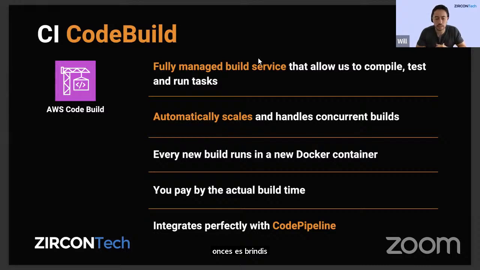So I guess that's the big benefit about Code Build. Ideally, the combination of using Code Pipeline with Code Build and also Code Deploy will benefit us with the same purpose as Jenkins does. Right? Great.